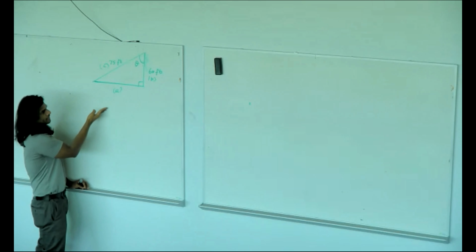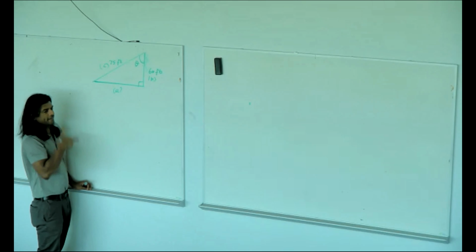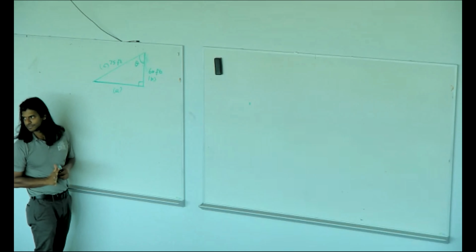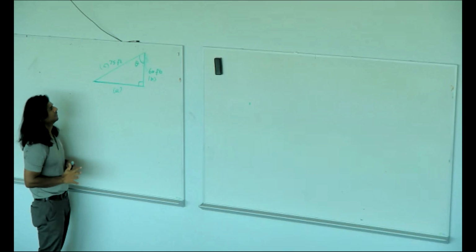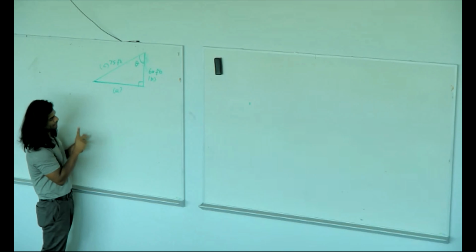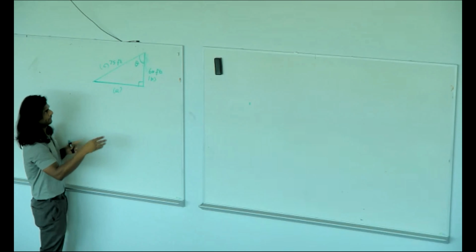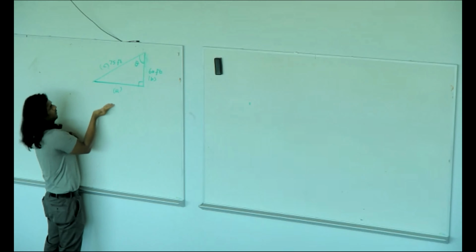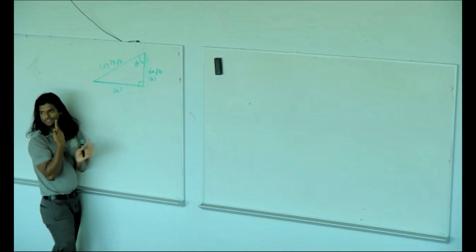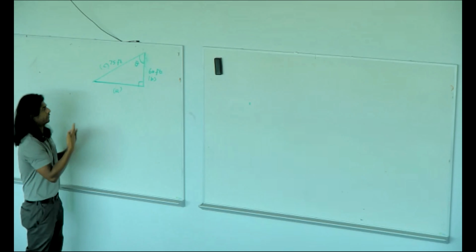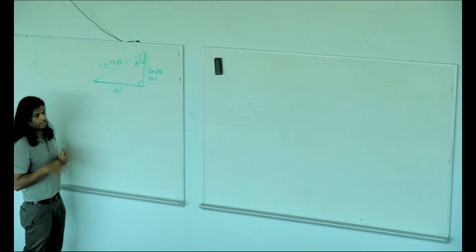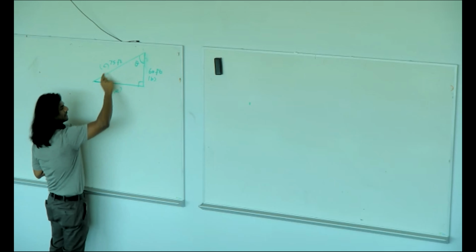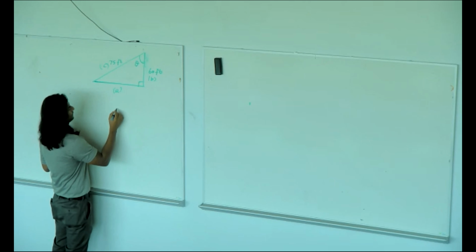To find the angle theta, I have two sides already. Adjacent and opposite work, so I don't need the length A if they aren't asking for it.